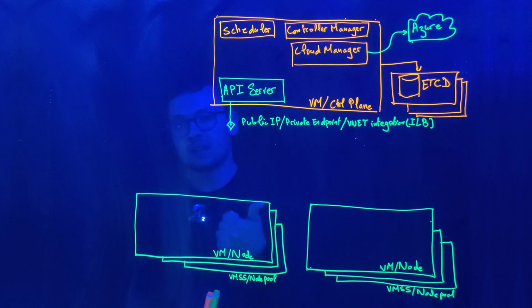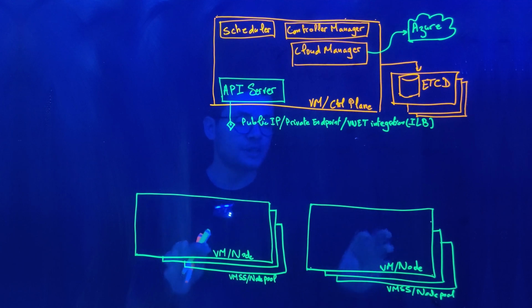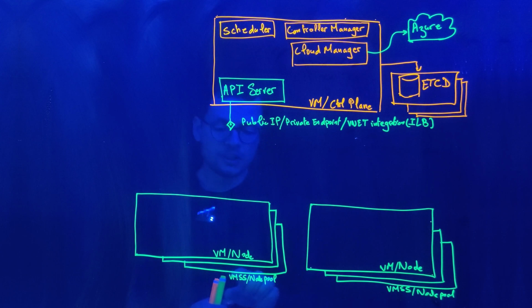That's reason number 1. Reason number 2 is to be able to mix and have different SKUs for those VMs. Because this is a virtual machine scale set, all VMs here should have the same SKU.